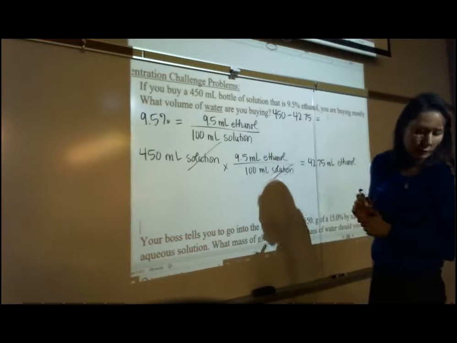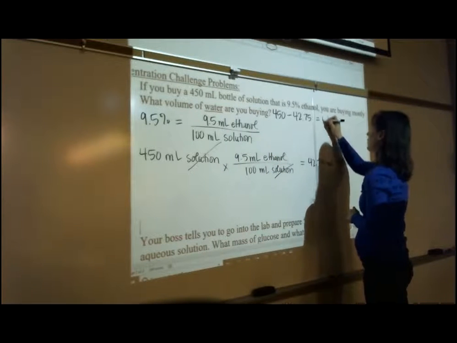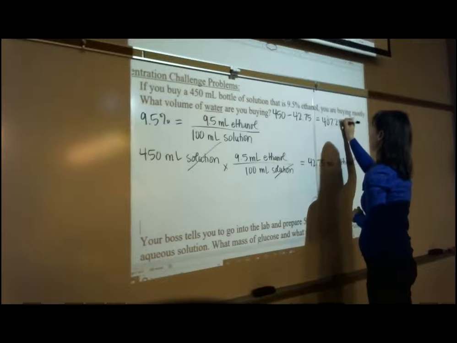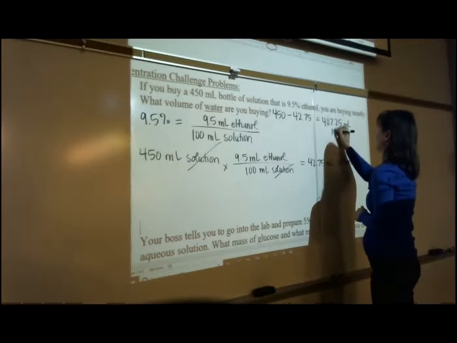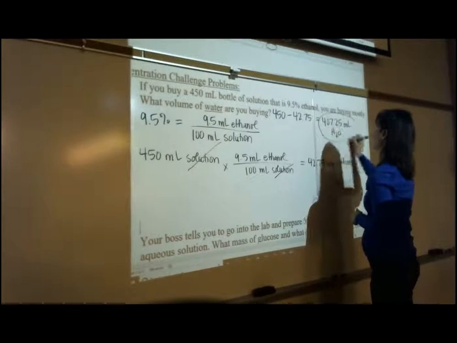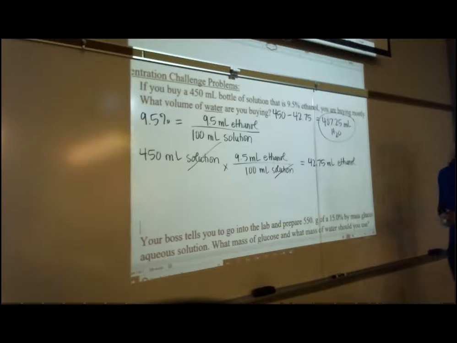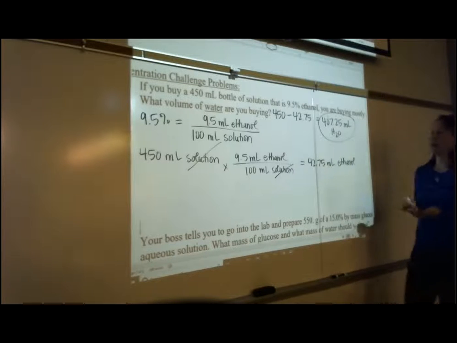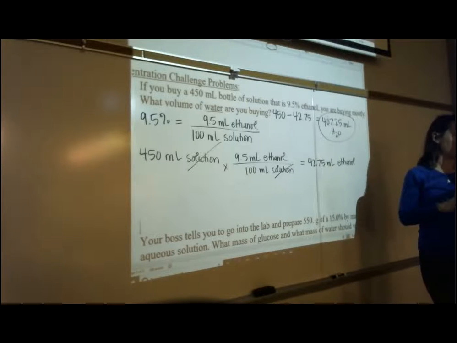So that ends up being 407.25. Does this make sense? So you're just using the fact that it's 9.5% as a conversion factor.